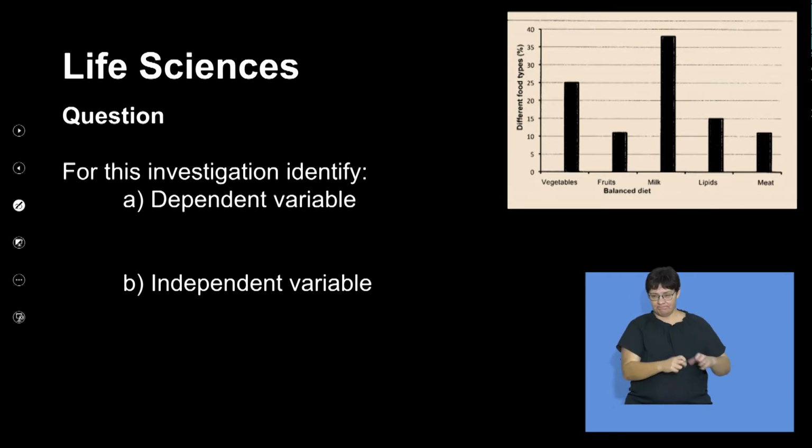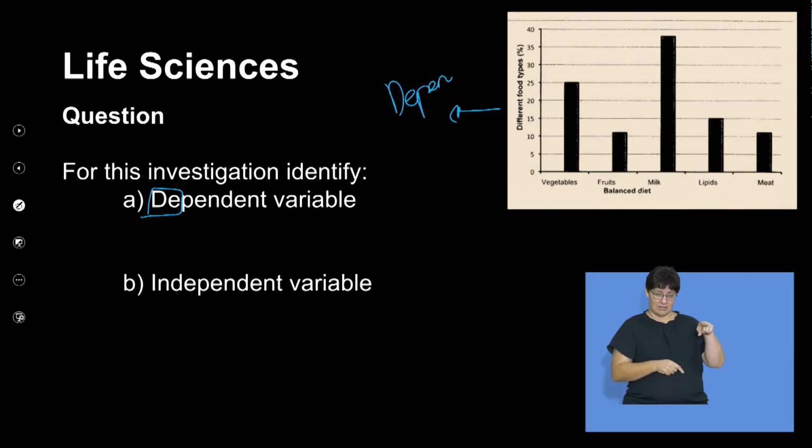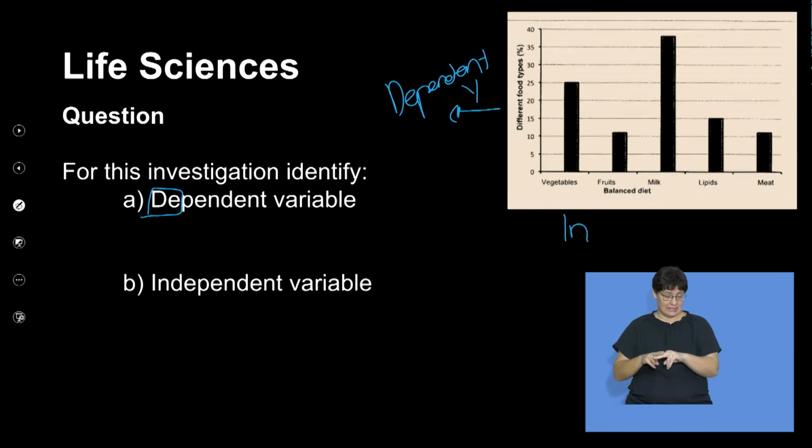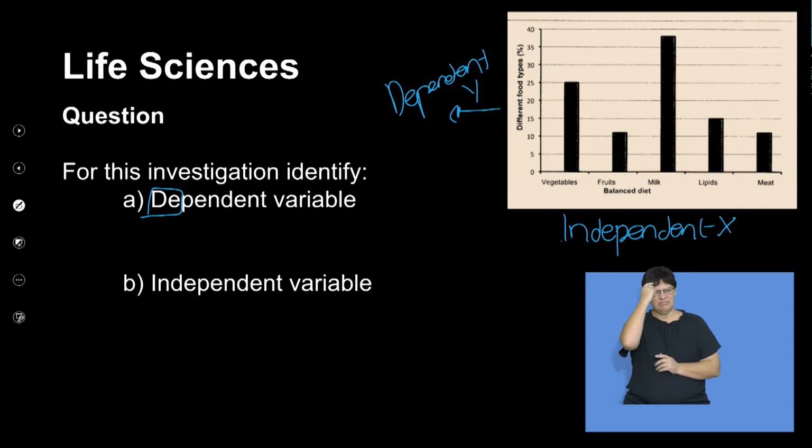For this investigation, identify the dependent. Now guys, always remember this, okay? The dependent variable is always on the y-axis. The independent is always on the x. Now I remember this, I lie down. So if I lie down, I'm flat at the bottom, all right?